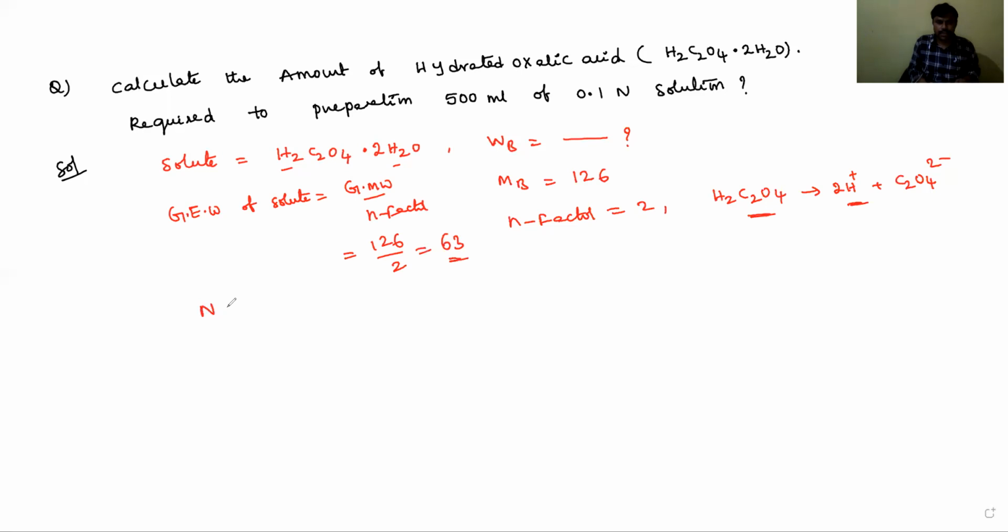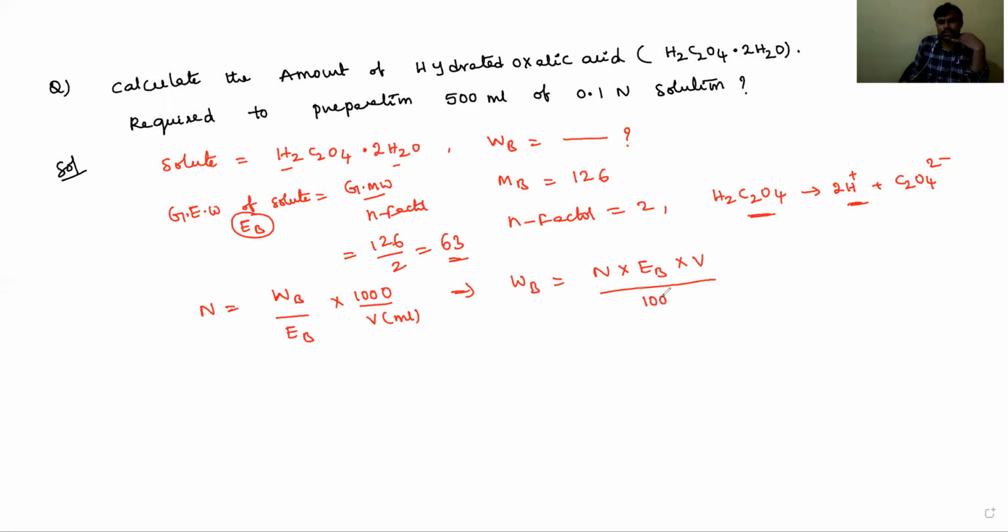Then the normality formula is weight of solute divided by the equivalent weight of solute, EB, into 1000 by the volume of solution in ml. So WB is equal to normality into equivalent weight of solute into volume in ml divided by 1000.